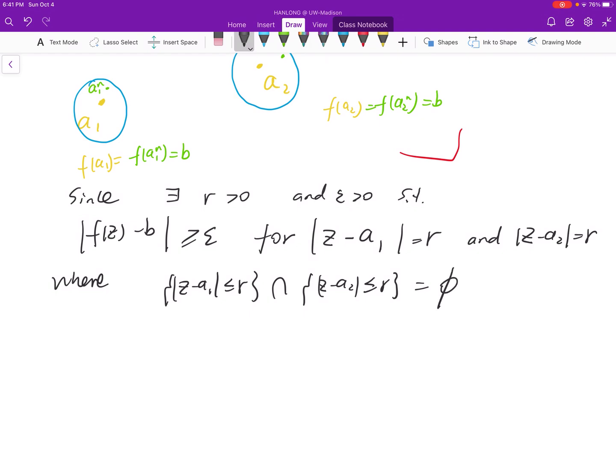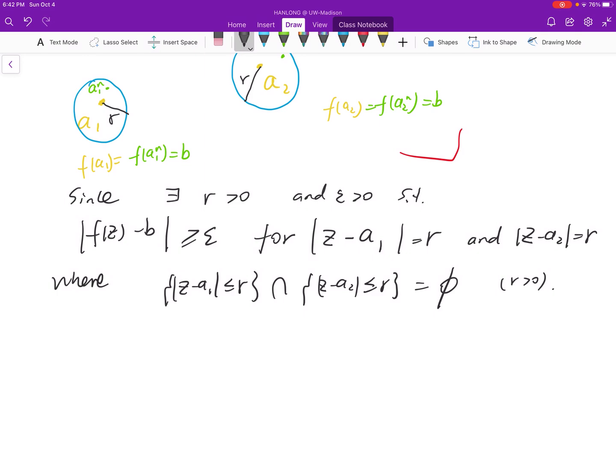So here r is greater than 0. That's exactly what we pictured here. The radius is r. We find small enough circles such that f(z) minus b on the boundary is different from 0.